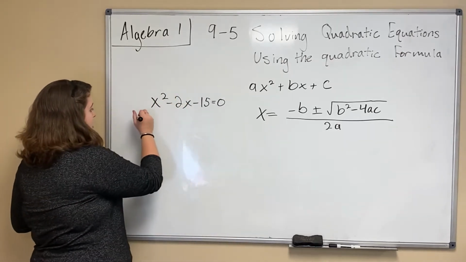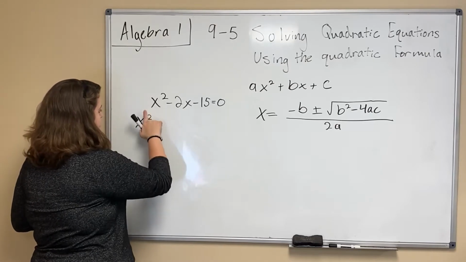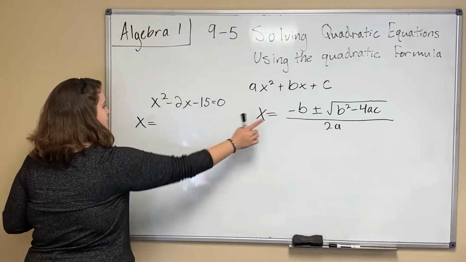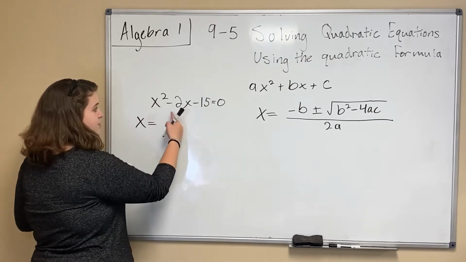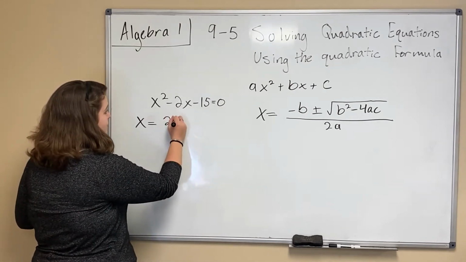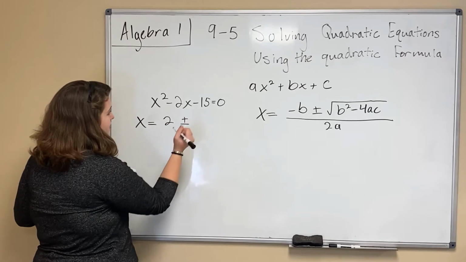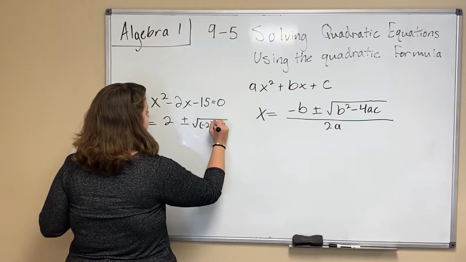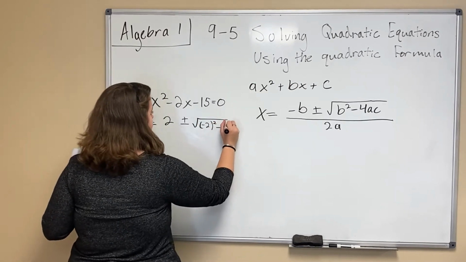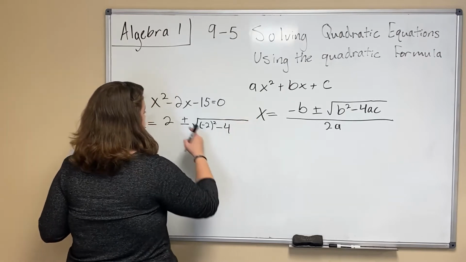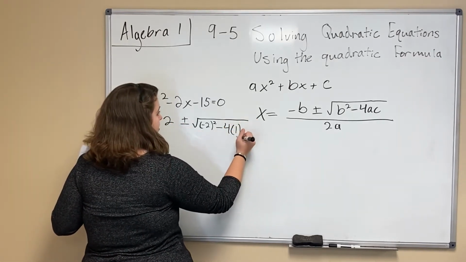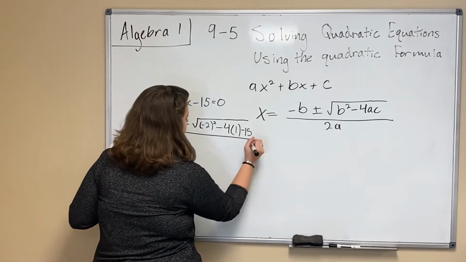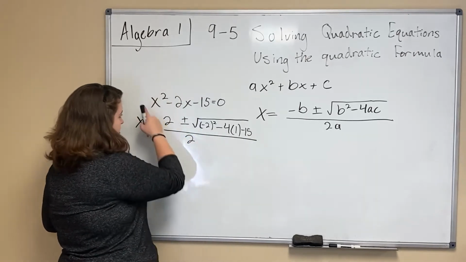So x equals negative b, so negative 2, which is just 2, plus or minus the square root of negative 2 squared minus 4 times a, which is 1, times c, which is negative 15, and all of that over 2 times a, and a is 1.